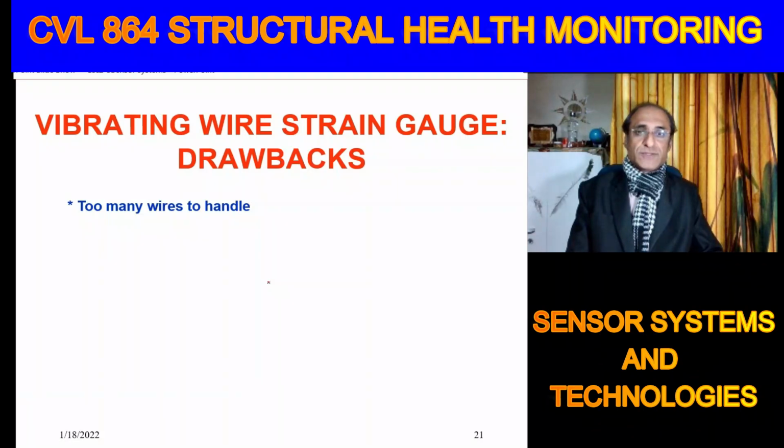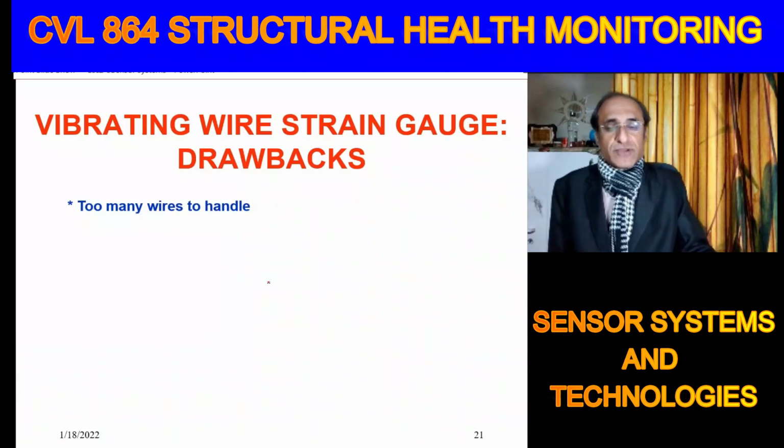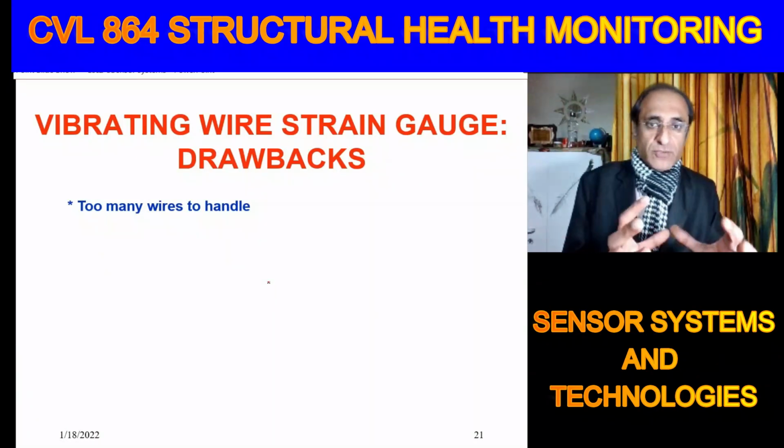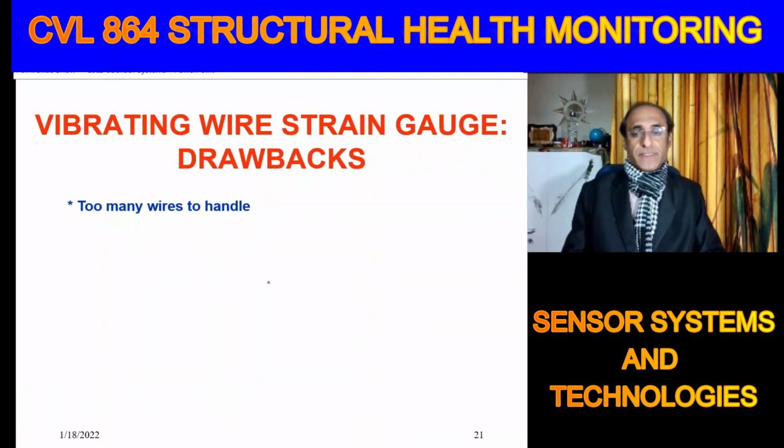Usually these days, if there are 5-6 sensors very close to each other, a common miniature data logger is installed near them and connected through GPRS mode to the server, and it continuously sends the data. That's how these commercial products are available these days. But the wires are definitely there.